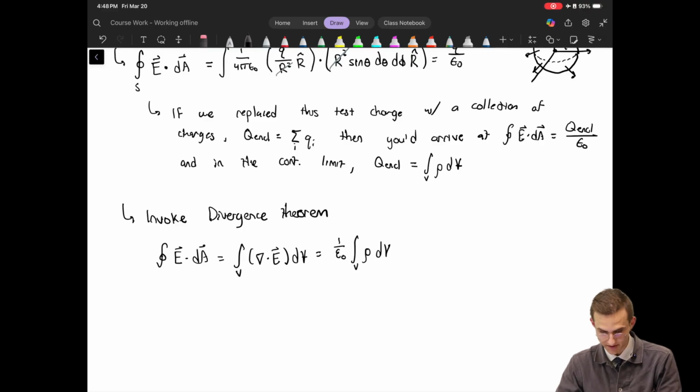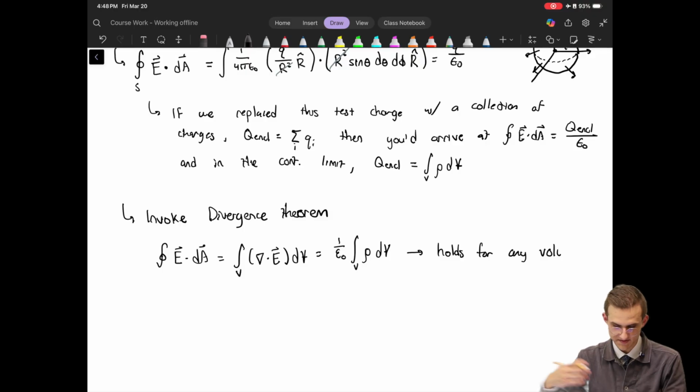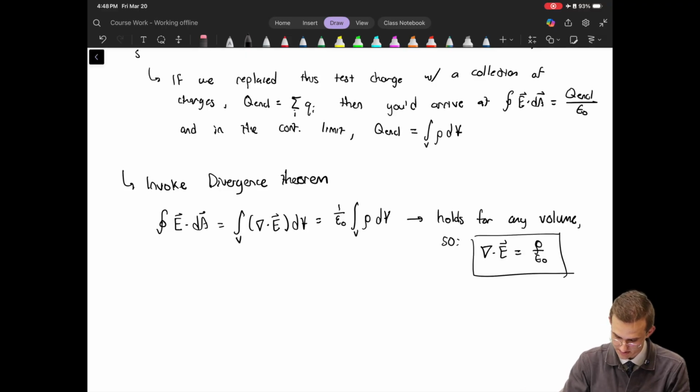That's the Q enclosed value. And this holds for any volume. Because our volume was fictitious, we can reshape it however we like. And so that means that we can drop the integrals and just write that the divergence of E is equal to rho over epsilon naught. And that's your Maxwell equation number 1, or Gauss's law.